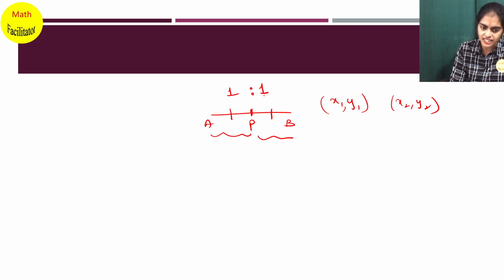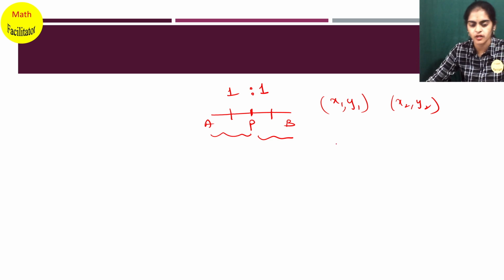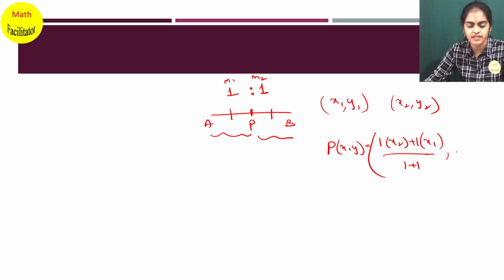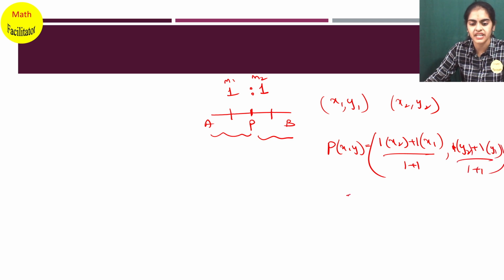If you substitute the ratio as 1:1 in the section formula, what do you get? P (x, y) will be (m1 x2 plus m2 x1) by (m1 plus m2), and similarly (m1 y2 plus m2 y1) by (m1 plus m2). So how much do we get here?